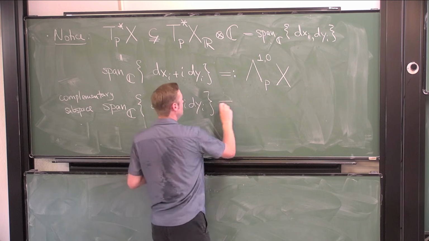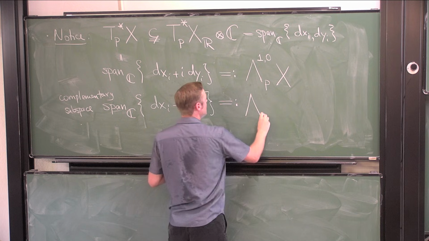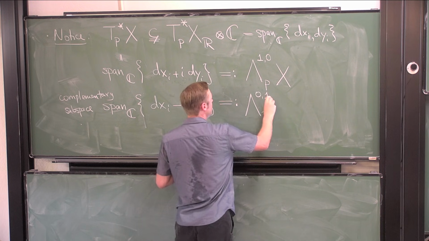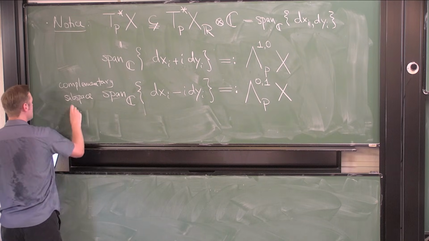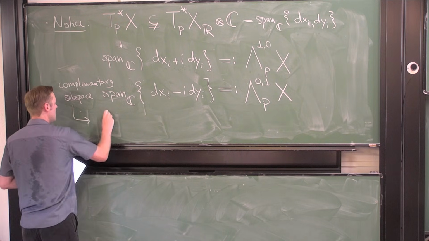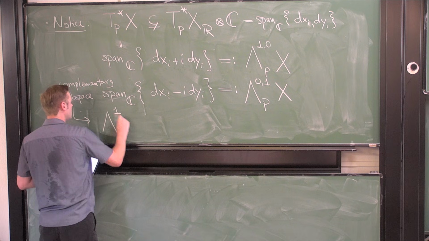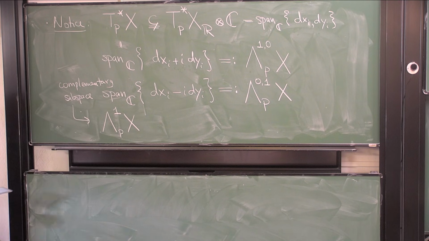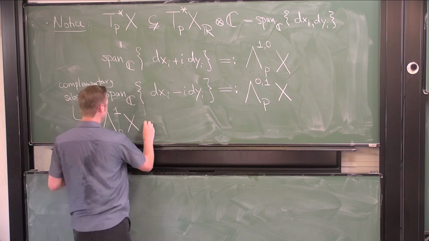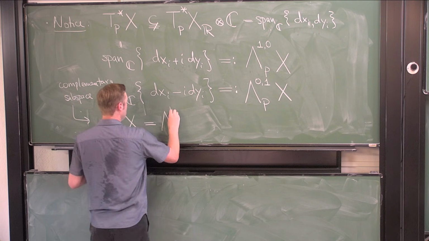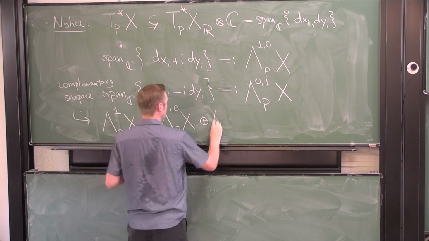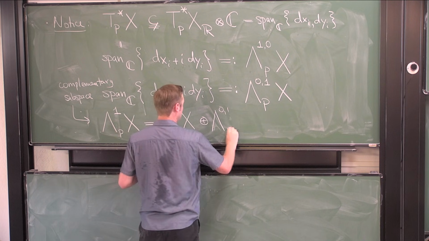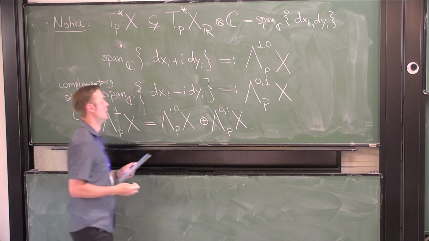Which I will call Λ^{0,1}_p X. What the complementary subspace means is that this complexified real cotangent space has this very natural decomposition into the 1,0 covectors and the 0,1 covectors.